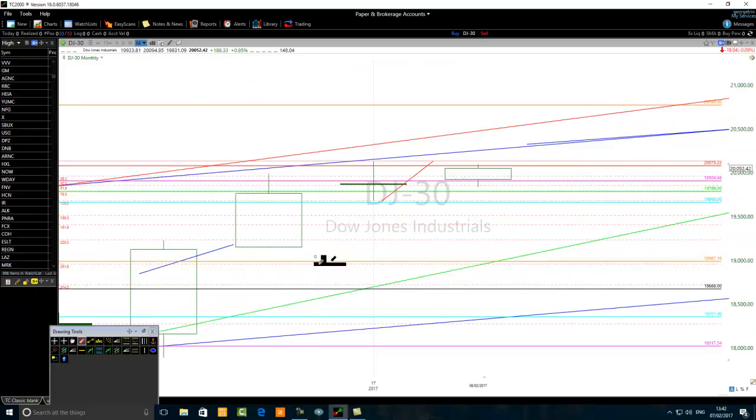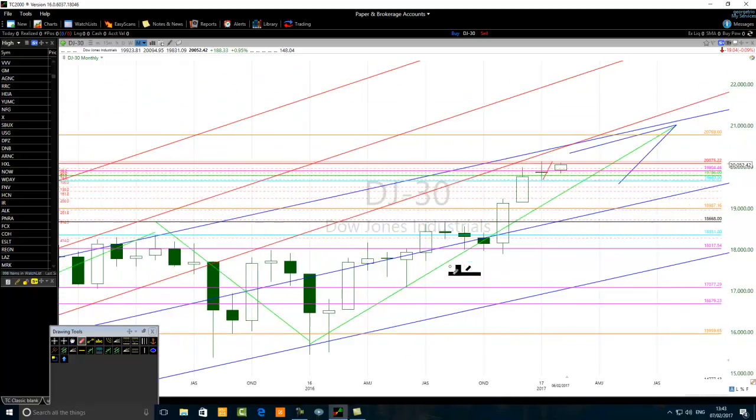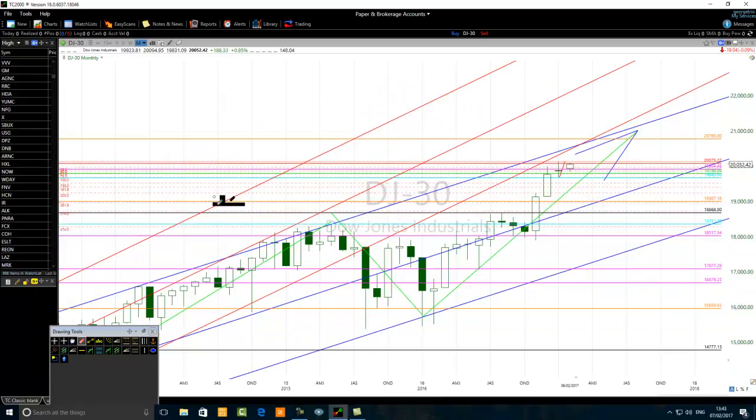It is this one here, the orange line here, at 18987. You don't want to forget that key level. That's the first long-term equilibrium price level for the Dow Jones Index in 2017. We need to remember that level throughout 2017. You don't want to forget that. All right, 18987. Here it is, that's the orange line here.